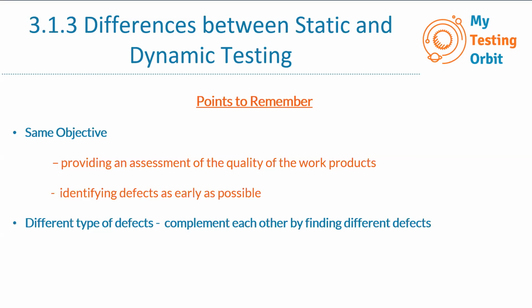Otherwise, if static testing is not done properly, then during dynamic testing, you have to go back and repeat lots of things which were supposed to be covered in static testing. Same goes for dynamic testing. In static testing, when you know that most of the functional and non-functional aspects will be covered in dynamic, then you can focus more on the review side in static. So they go hand in hand and help each other.